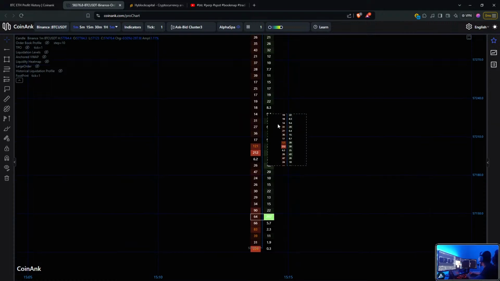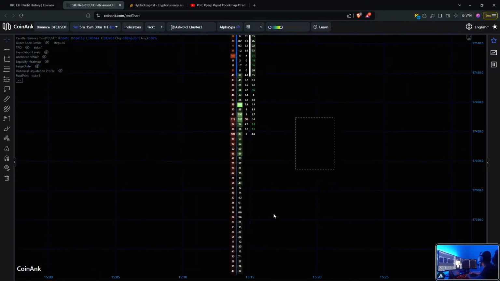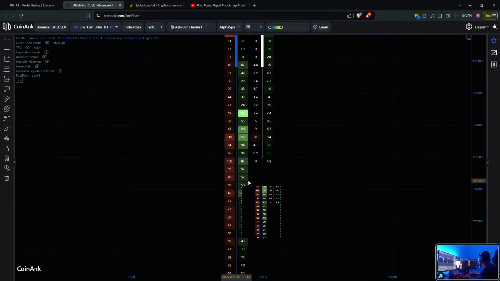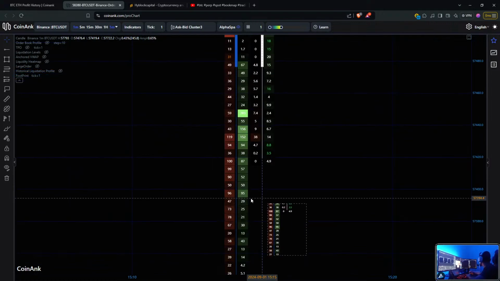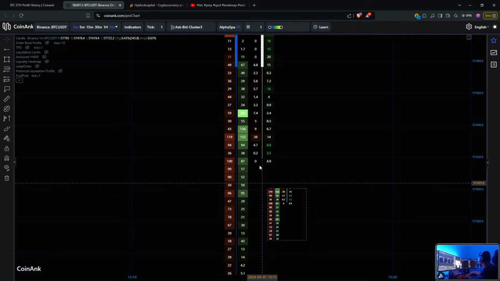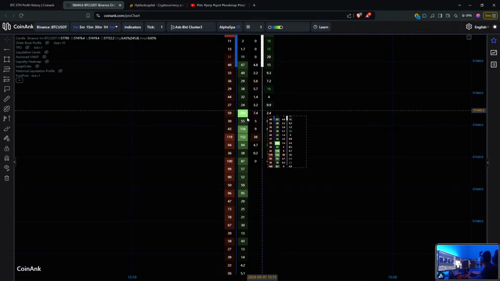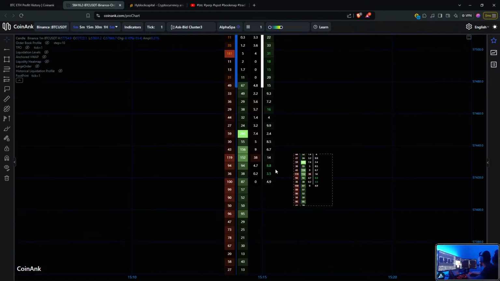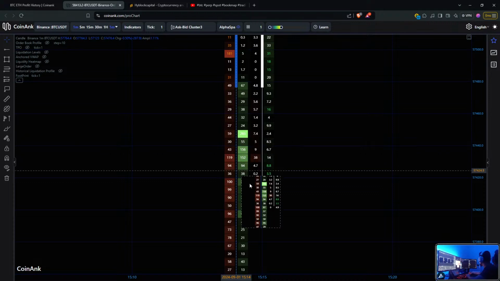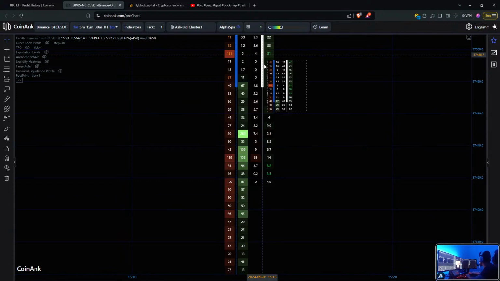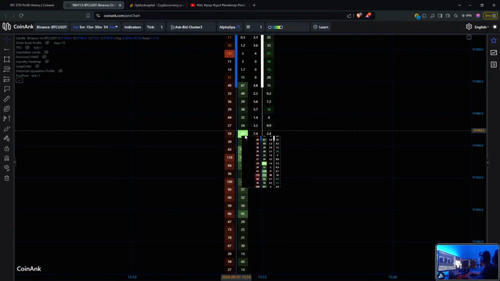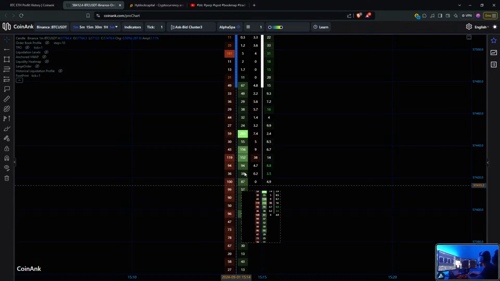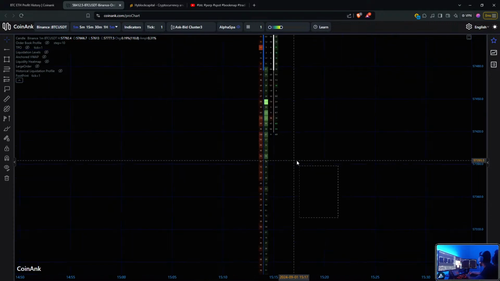So the moment that you see imbalances like this, that is already a good confirmation if you know what you're doing and if you have the finger on the trigger. But once you see buys coming in like this, and even on the second candle, when it starts going down, not being able to move past this high volume section, then this is just a good buy.